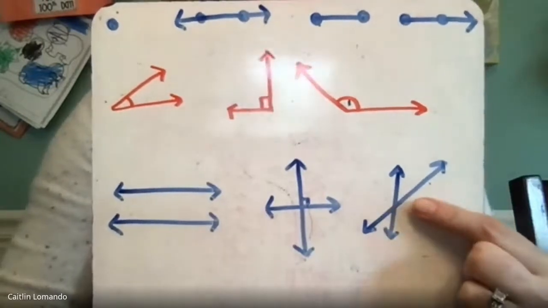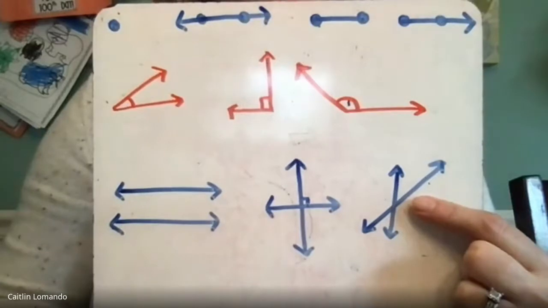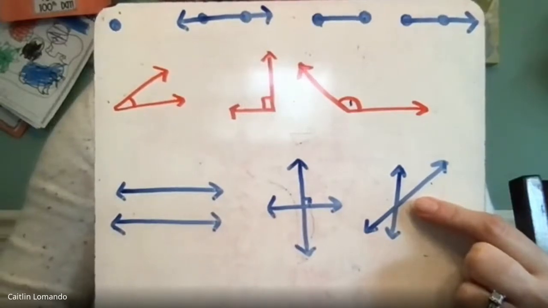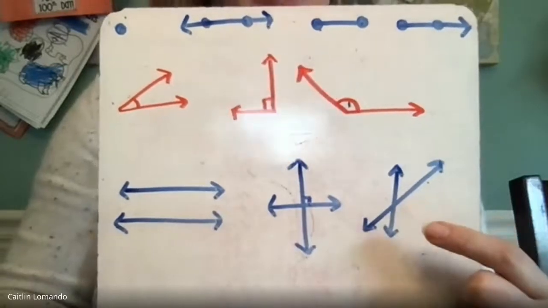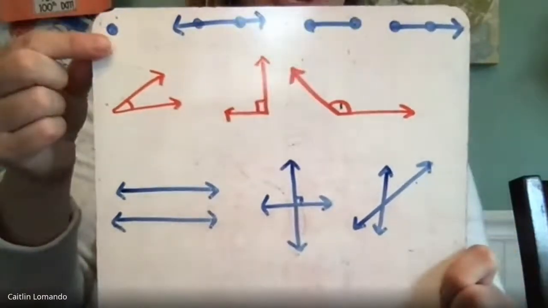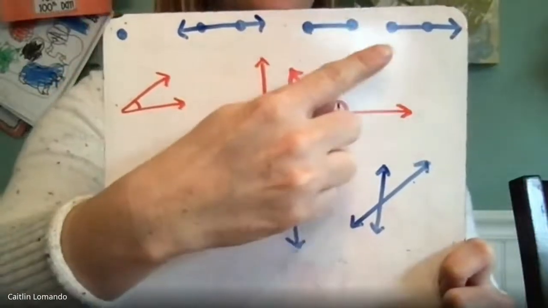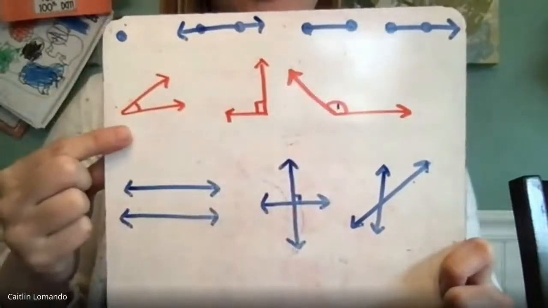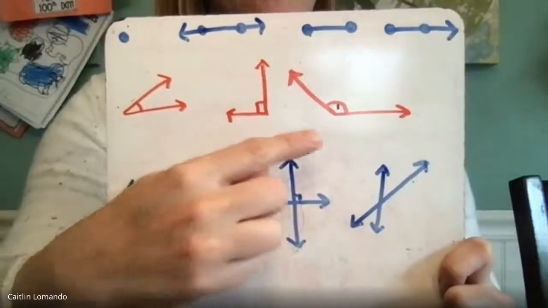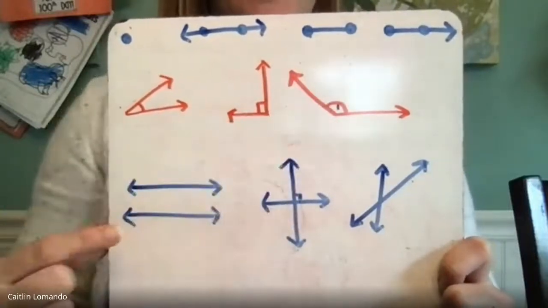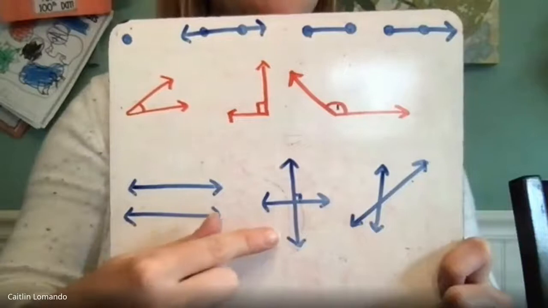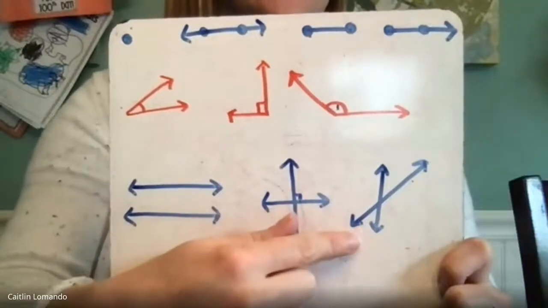And do you remember lines that cross but not at 90 degrees, what they are called? Those are intersecting lines. So again, we have point, line, line segment, ray, acute angle, right angle, obtuse angle, parallel lines, perpendicular lines, intersecting lines.